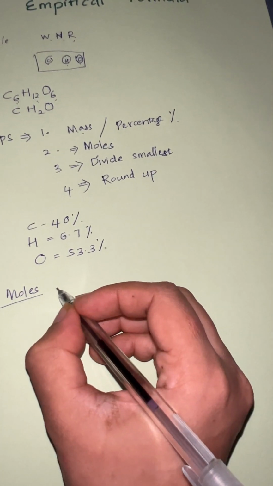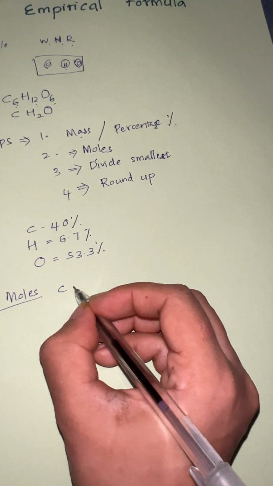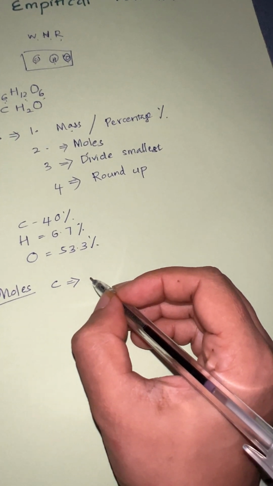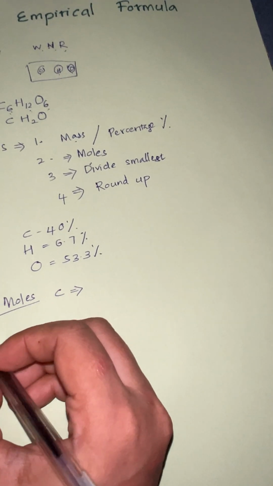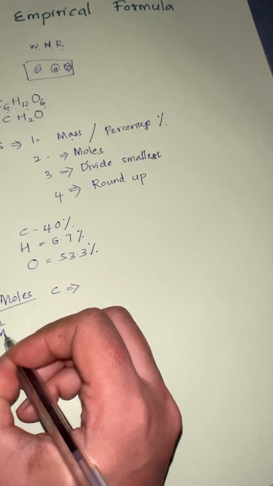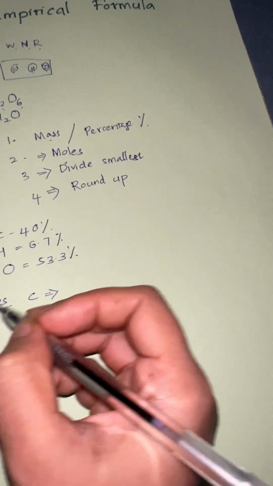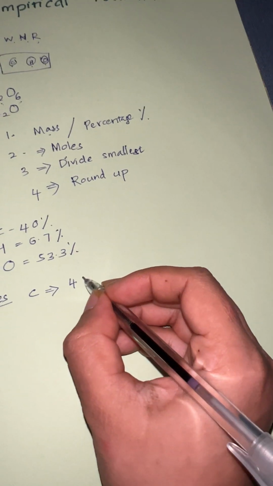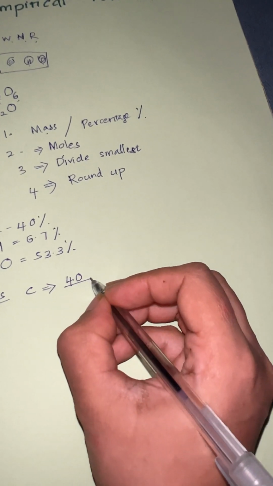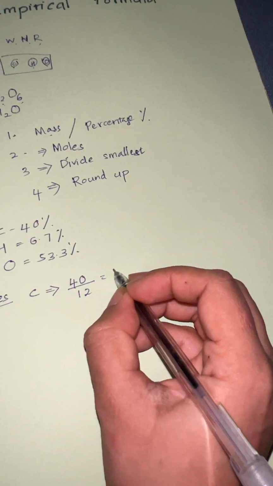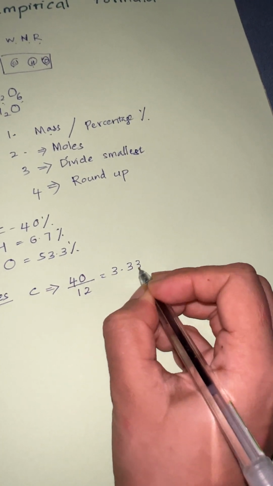Going to the second step, that is carbon. How to make moles? What is the formula for moles? Moles is equal to mass in grams over molar mass. So they have given this, right? So divide it by molar mass. Molar mass of carbon is 12. So we get 3.33.